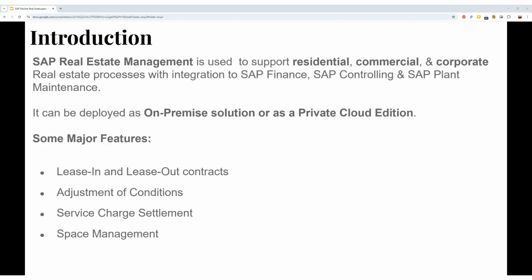Lease-out contracts are those when you are the landlord and you are leasing out to other parties, known as tenants. So lease-in relates to your accounts payable, and lease-out is your accounts receivable contracts. We will discuss these contracts in depth later in subsequent videos.